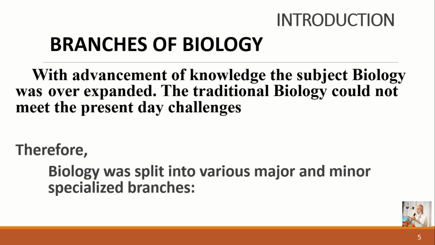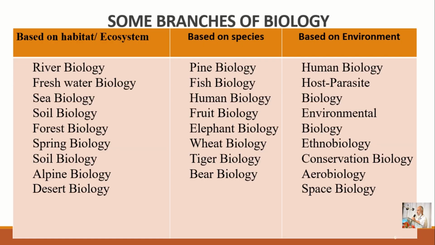With the advancement of knowledge, the subject of biology was overexpanded. Traditional biology could not meet present-day challenges. Therefore, biology was split into various major, minor, and specialized branches. This table shows some of them.